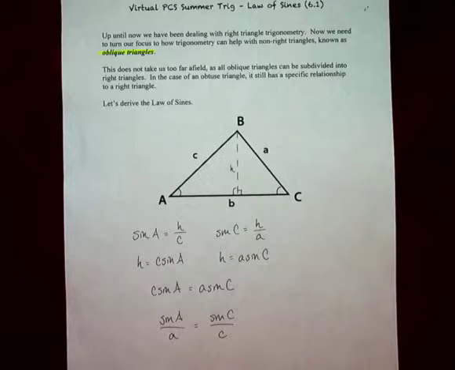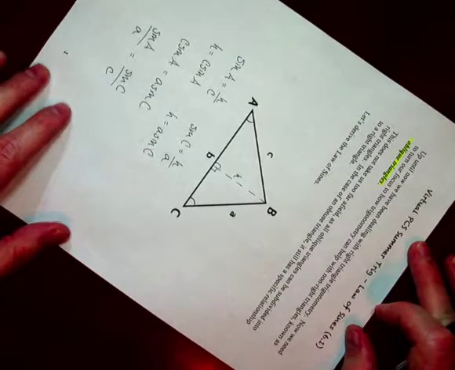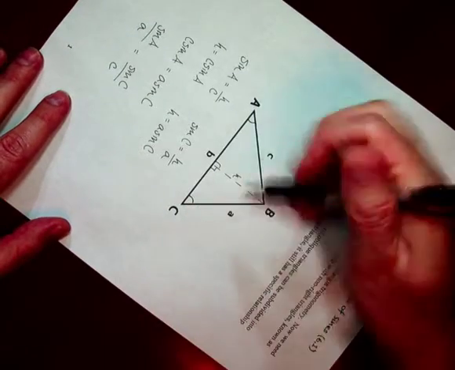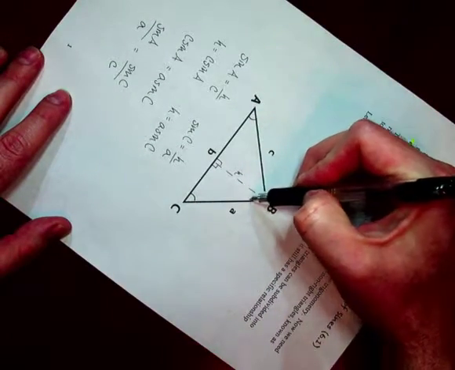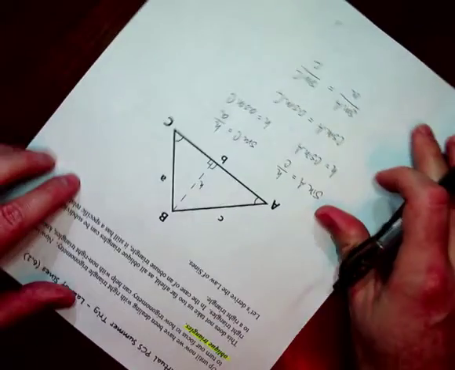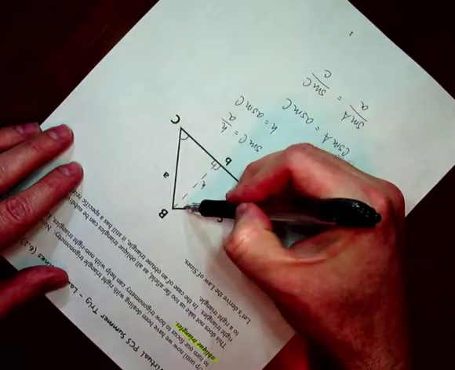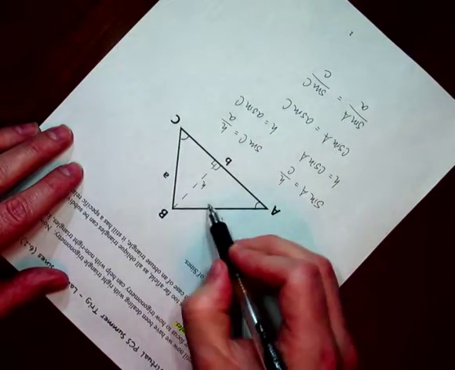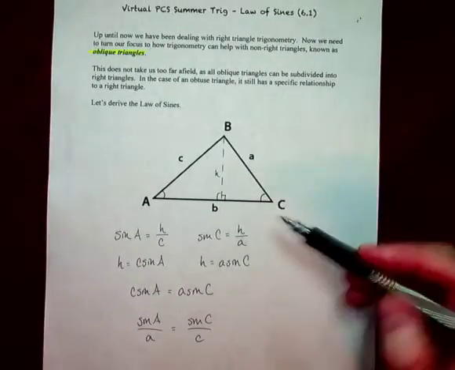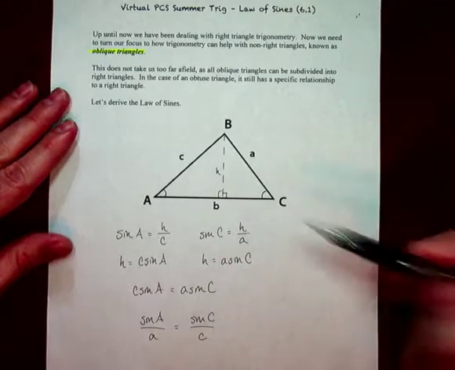If you're wondering where B is, you can do the same thing for B. You just have to turn the triangle around and drop an altitude this way, or turn it around and drop an altitude that way, to have a different h. Because in any given triangle, there are three perpendicular altitudes you can draw.